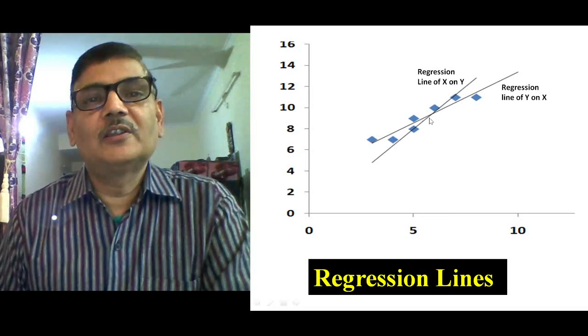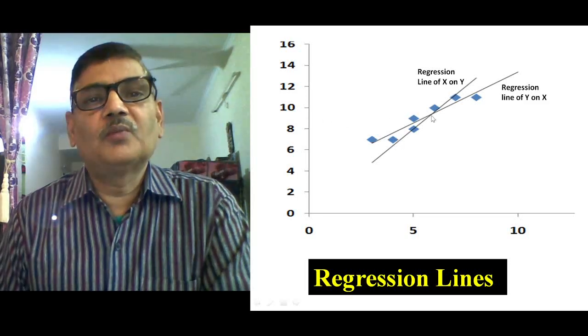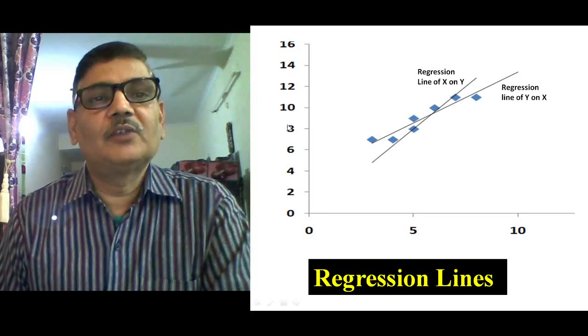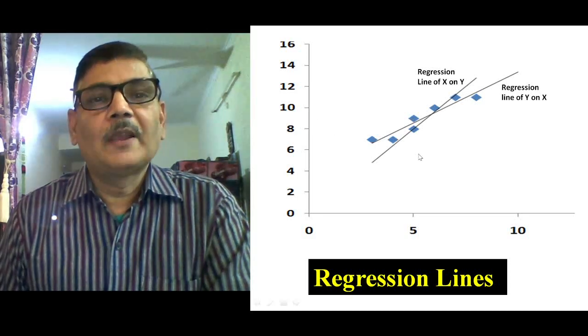Likewise, the mean value of all the observations of the y variable can be obtained by considering the y axis. If you match this point with the point where these two lines are intersecting, that will be the mean value for all observations of y.